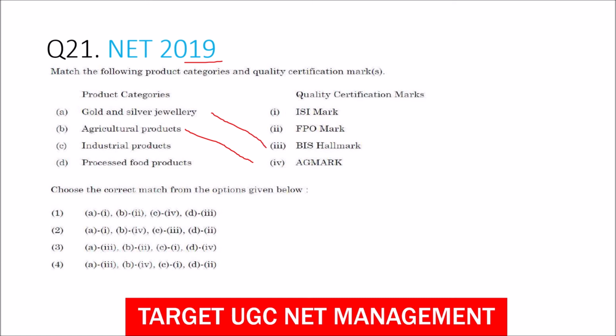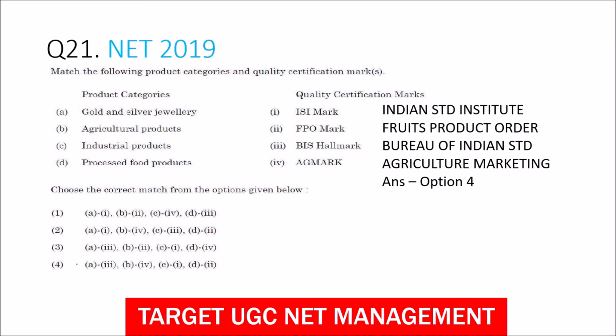So the correct option is option 4. Industrial product is related to ISI mark, Indian Standards Institute, and processed food product is related to FPO mark, which stands for Fruit Products Order. So the correct option is option 4. And remember this full form.